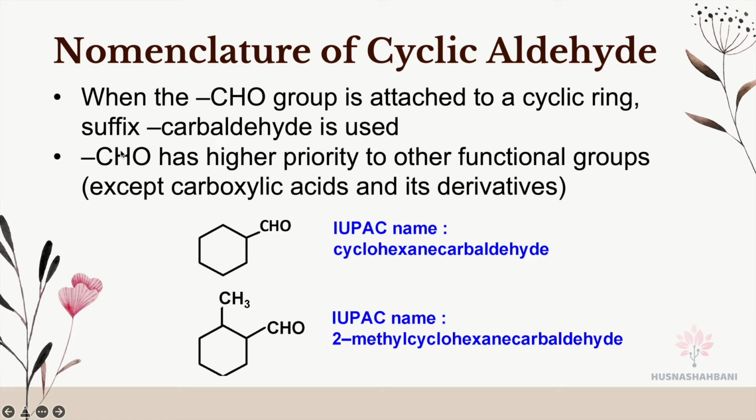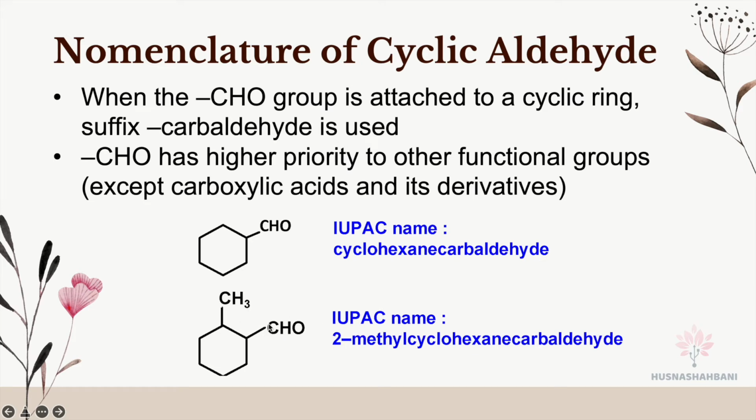The second highest priority is aldehyde. So here, the CHO group that is attached to the cyclic ring, we name it as carbaldehyde. Cyclohexanecarbaldehyde. Cyclohexane because there are 6 carbons in the cyclic ring, and then carbaldehyde, showing that this is a cyclic aldehyde.